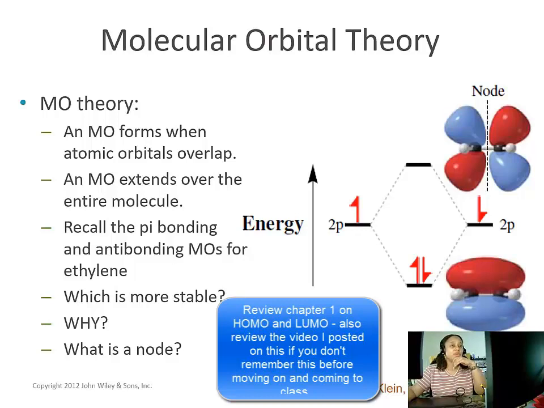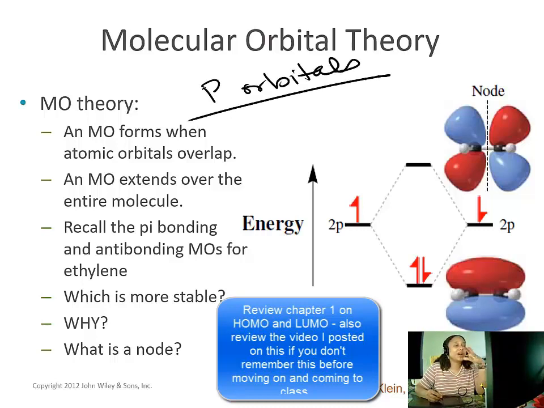So just to review molecular orbitals, there are some handouts about HOMO and LUMO that I posted early in the semester in Organic 1. Molecular orbitals are basically what forms when your atomic orbitals or your hybrid orbitals overlap. At a certain point, there are so many of them that it's just a lot going on. So for us, we are going to only focus on the p orbitals, because we're focusing solely on pi bonds.